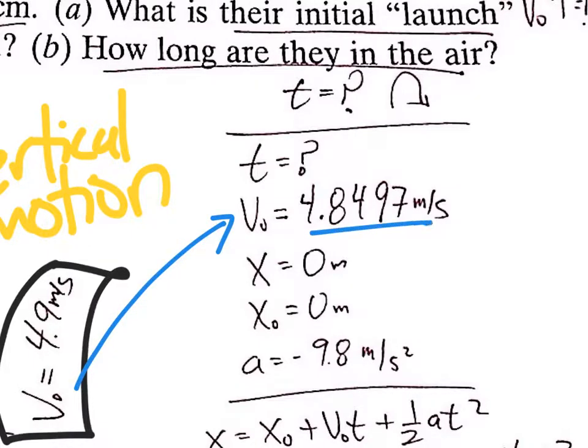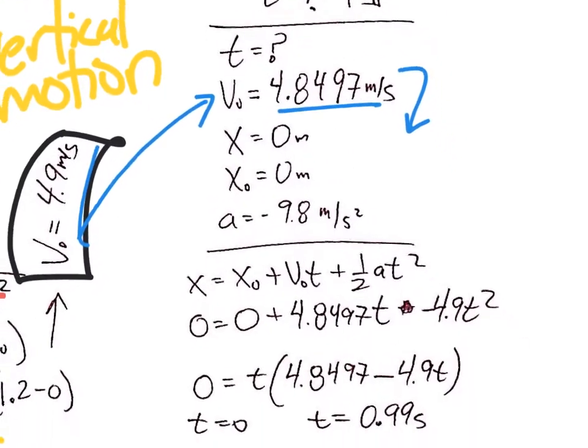And notice all these decimal places I'm including because it is part of the calculation. It's not a final answer that we're reporting. Okay. Initial position, final position, because it lands back on the ground. The basketball player is on Earth, so this is the acceleration due to gravity. Right, so we're solving for time.